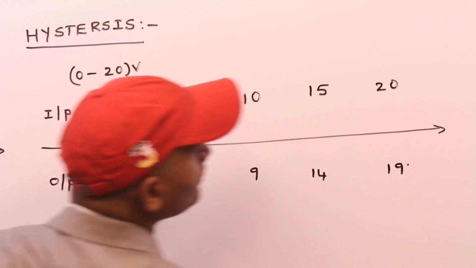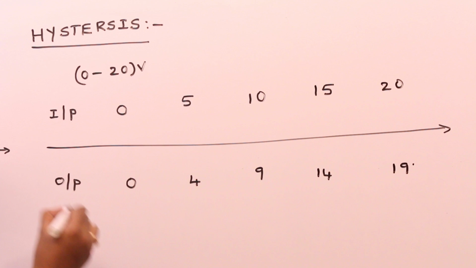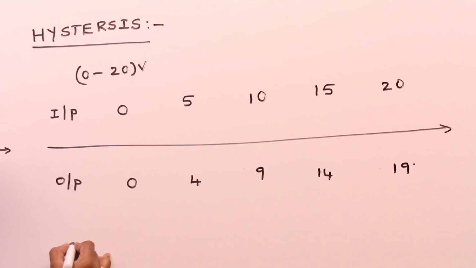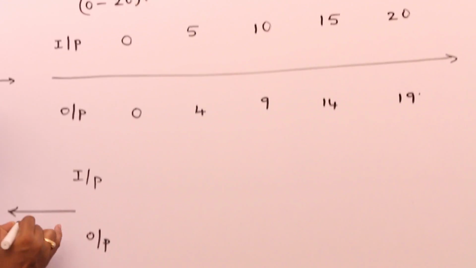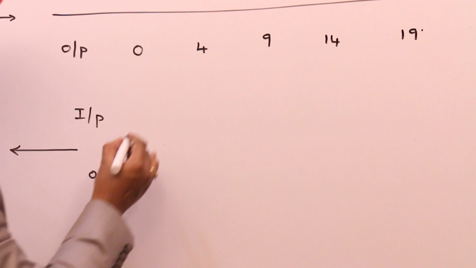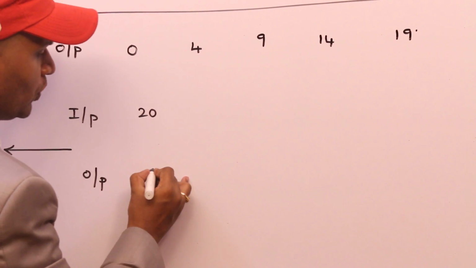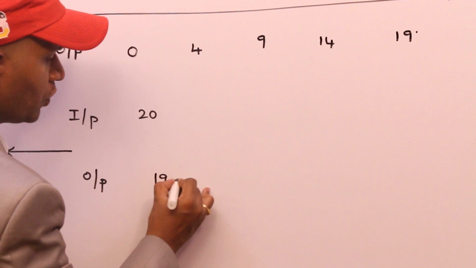By using the same voltmeter, we can do the experiment in decreasing order. Let us assume that initially we give this input and this is the output. In decreasing order, for 20 volts input, we get an output of 19.5 volts.